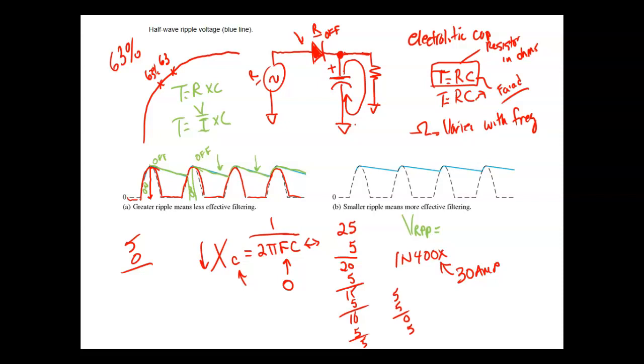Well, we got rid of T. So what we're going to do is divide both sides by V and divide both sides by T, right?